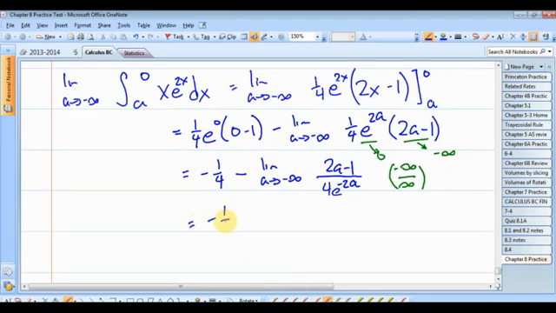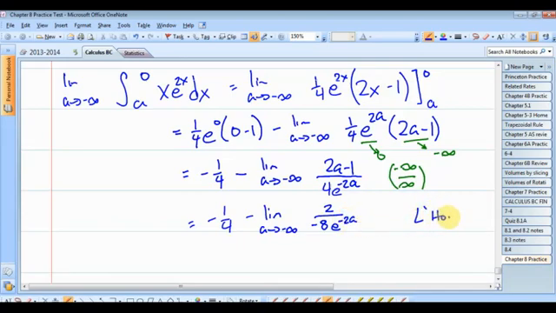This equals negative 1/4 minus the limit as a approaches negative infinity. Derivative of 2a minus 1? 2. Derivative of 4e to the negative 2a? Negative 8, yeah, I think I had e to the negative 2a.